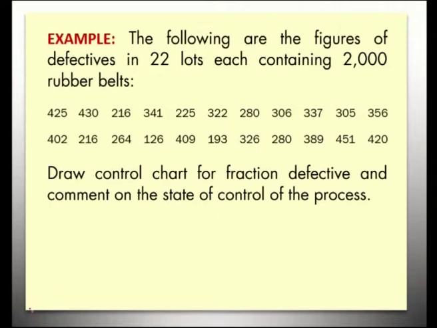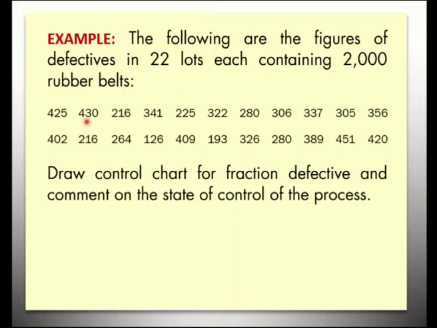So, 22 lots are taken into account, and each lot consists of 2000 rubber belts. For example, this particular value 425 is the number of defectives out of 2000 rubber belts. 425 are defective in the first lot.